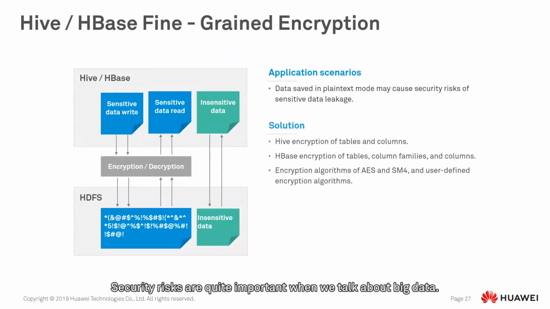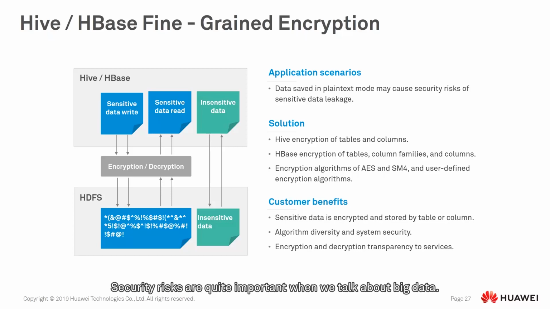Security risks are quite important when we talk about big data. So in FusionInsight, Hive and HBase support encryption of sensitive data. To be more specific, Hive supports encryption of tables and columns, and HBase supports encryption of tables, column families, and columns.